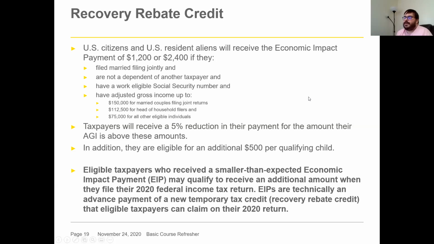I think what the IRS is suggesting is for people to bring the IRS notice that they sent out with how much the payment was. So if people think they should be eligible for more of this credit, they should bring that notice so we can accurately determine how much people should get.